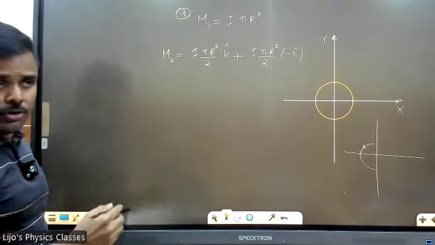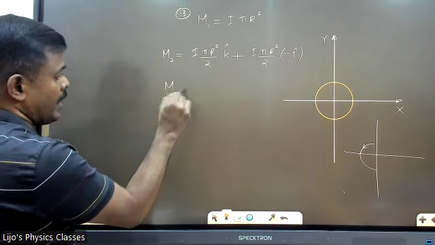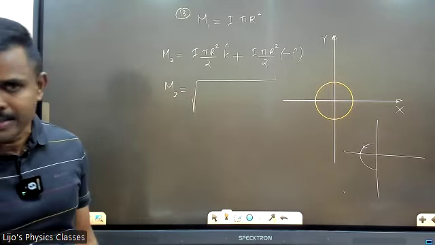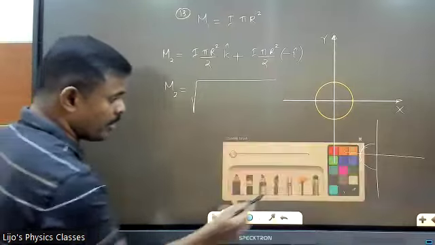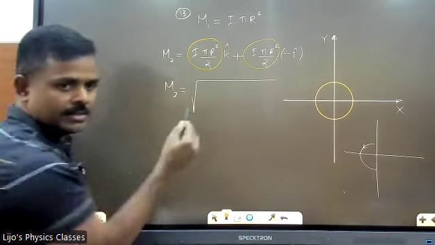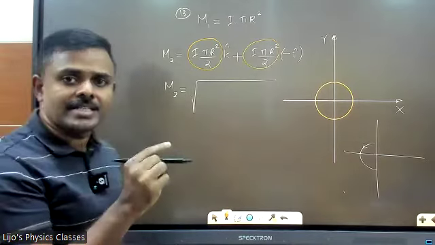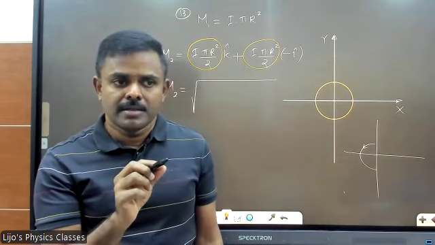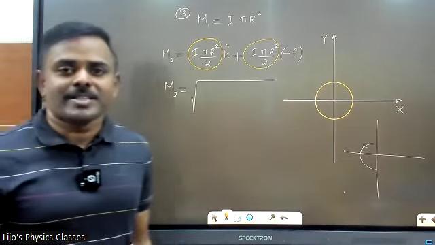So tell me how to find the modulus of this. M2 will be equal to, if you want to find the modulus of a vector, you know how to do it, right? This number square plus this number square. The modulus of x i plus y j is the root of x square plus y square.